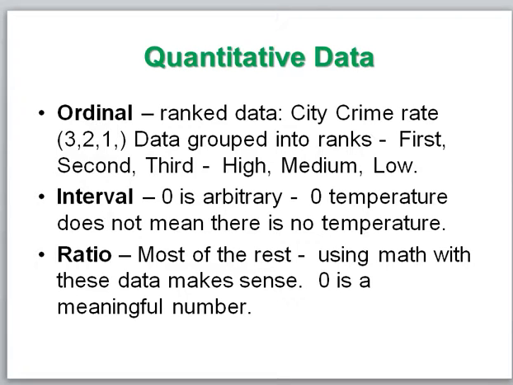So ordinal data means data that has been ranked. So I can have all of my different cities, and I want to rank them into high crime, medium crime, and low crime. So I might use 1, 2, and 3 to rank those cities. Or I might use A, B, C, or first, second, third, something like that, high, medium, low.